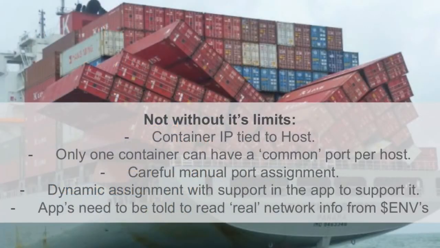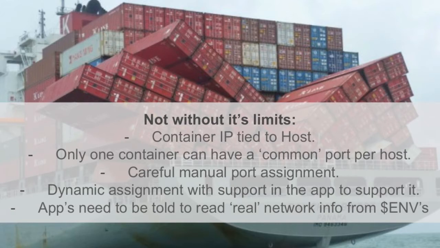But NAT and the default Docker networking stack is not without its limits. The container IP is tied to the host, and the services shared through are tied to the host's IP address. Because of that, and because you're sharing that host IP address, only one container can have a common port. So if I have a container running on port 80, externally that's used up the inbound port 80 NAT rule for that host's IP.